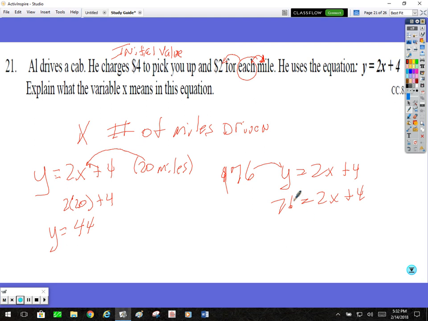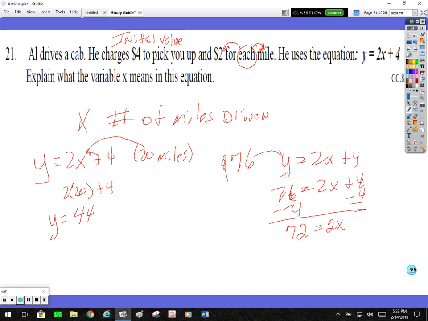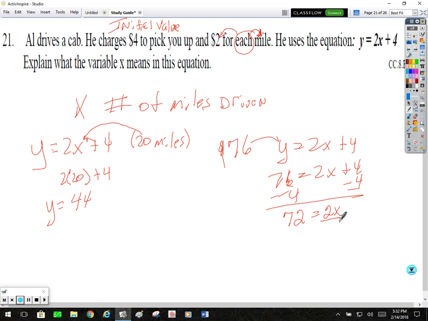To solve this problem, remember, we're going to subtract the 4 from both sides. So we have 72 equals 2x. And then the last step is to divide by that 2. 72 divided by 2 is 36. So you should have ridden 36 miles in the taxi cab, okay?